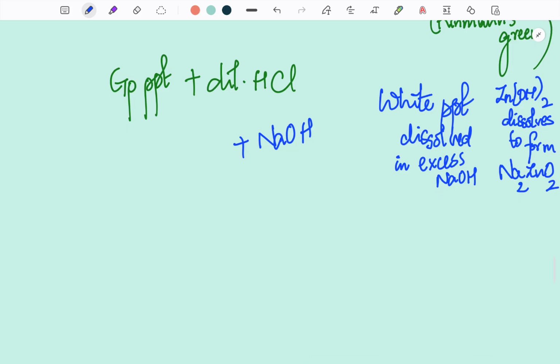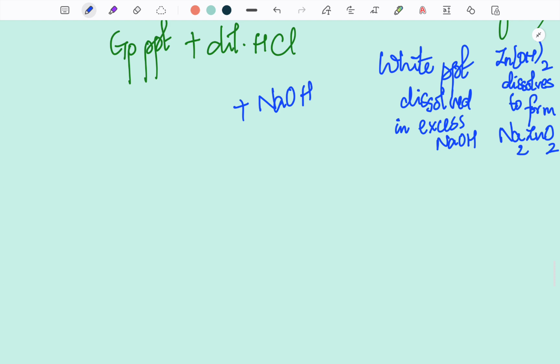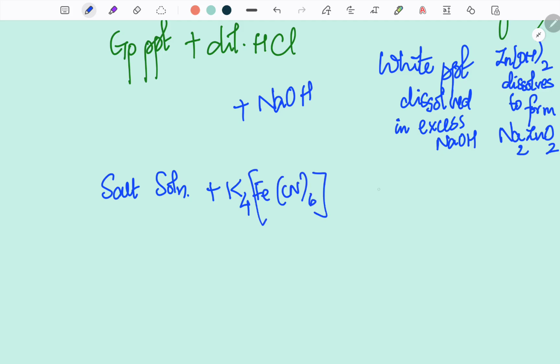Now there is a third test which you can do, and that is you have to use the salt solution, not the precipitate, just the salt solution, and you need to add potassium ferrocyanide. And when you're doing this, if you're getting a pale yellow precipitate, or it is actually a white precipitate, but it would appear kind of yellowish.